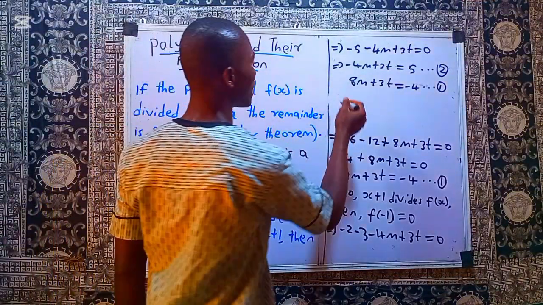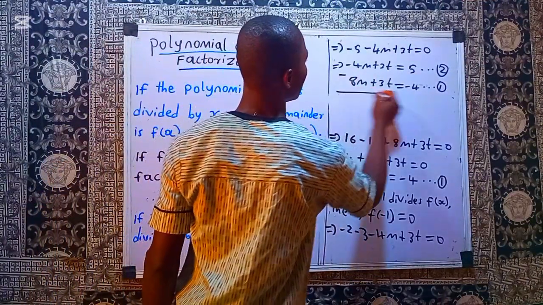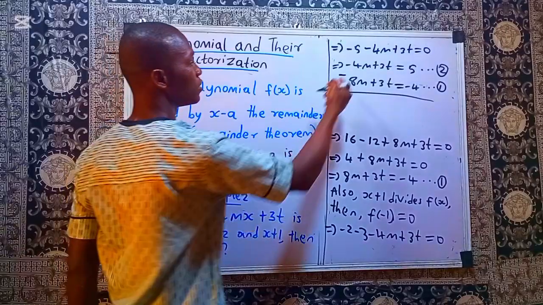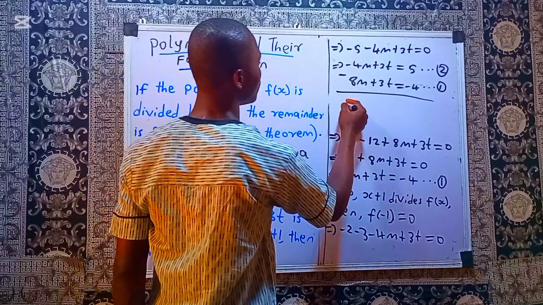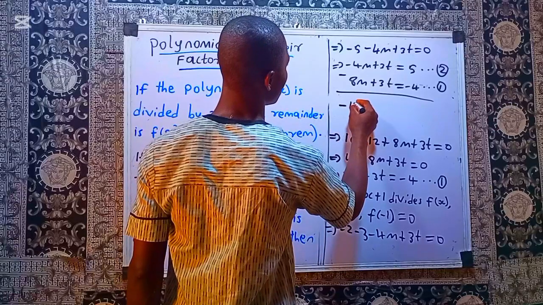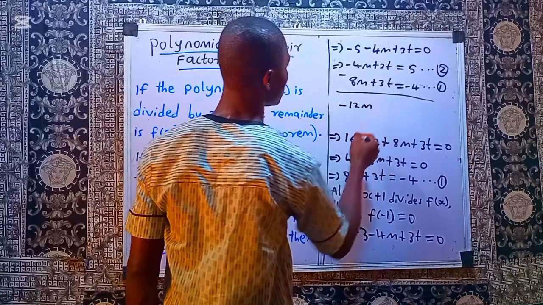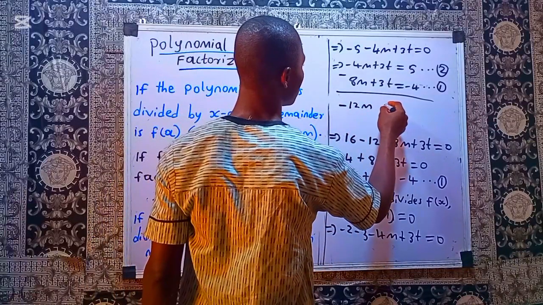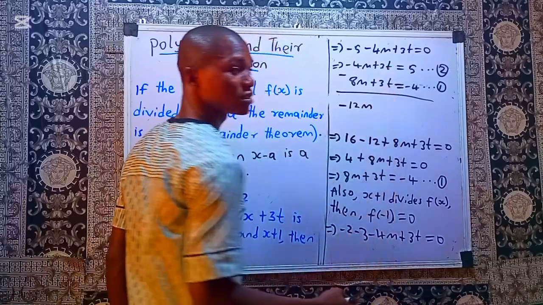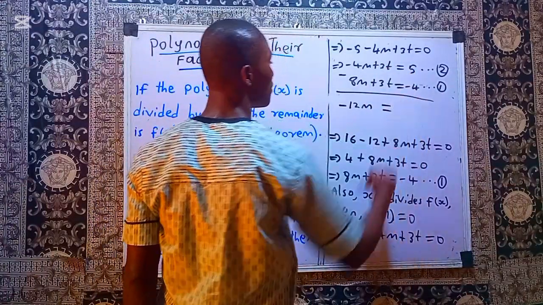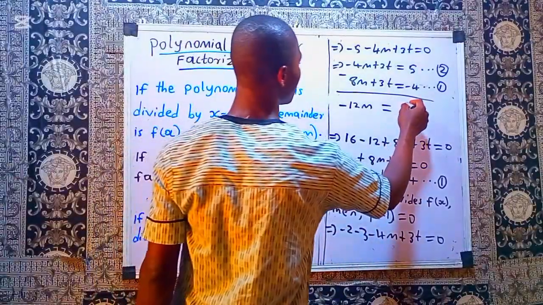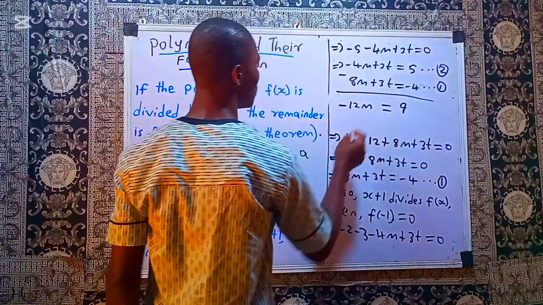So if we subtract the two equations, minus 4m minus 8m will give us minus 12m. Then 3t minus 3t is 0. Then equal to 5 minus minus 4, which is positive 9.